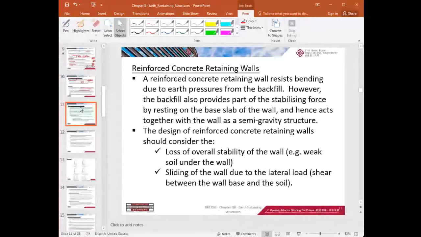And now see concrete retaining wall, a very common type in Hong Kong. It resists, if that is the RC.